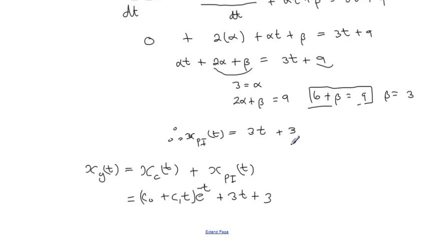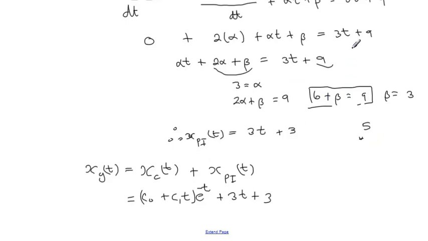And the most important, you must see that when the right hand side was a constant 5, I said let the trial solution be a constant alpha.